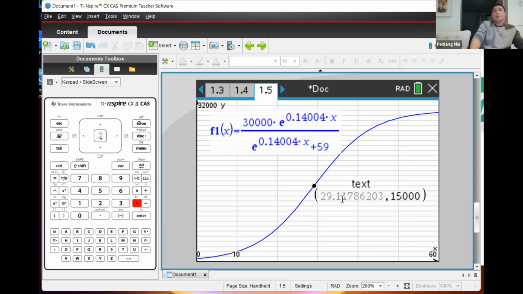Yep, pretty good. So I will be transcribing whatever I have. It's about 29.12, and the Y value or the P value is exactly 15,000.